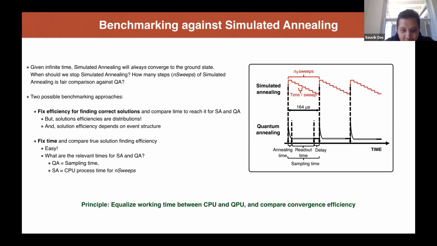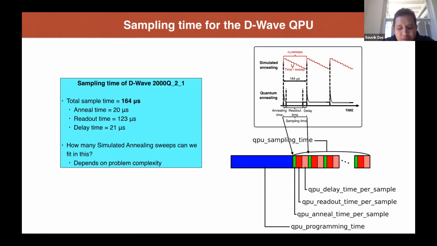This has to be very carefully equalized between the CPU and the QPU, and then compare the convergence efficiency. Quickly going on to how we measure the sampling time for the D-Wave: on the diagram on the bottom right, I show that there is a big blue chunk of time that is required for programming the quantum processor.